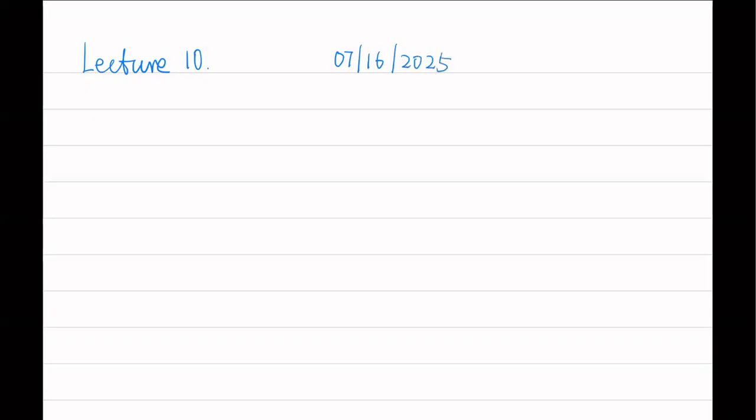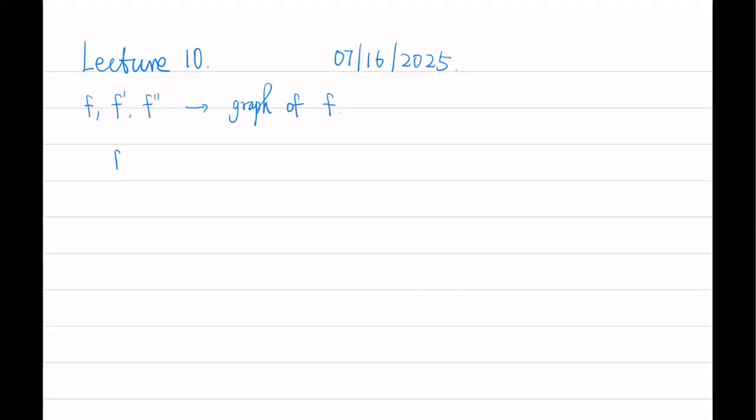Okay, so first let's recall what we have learned last time. We started with the derivatives and about the graph. So one thing we know is that when a derivative is positive, that means the function is increasing.